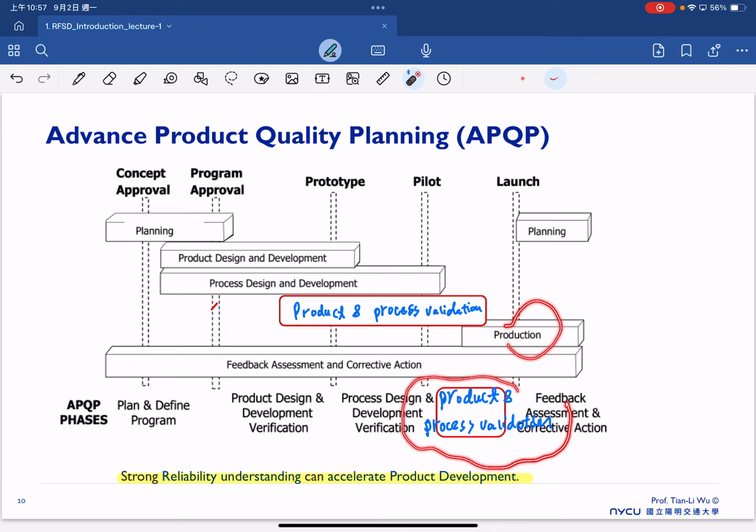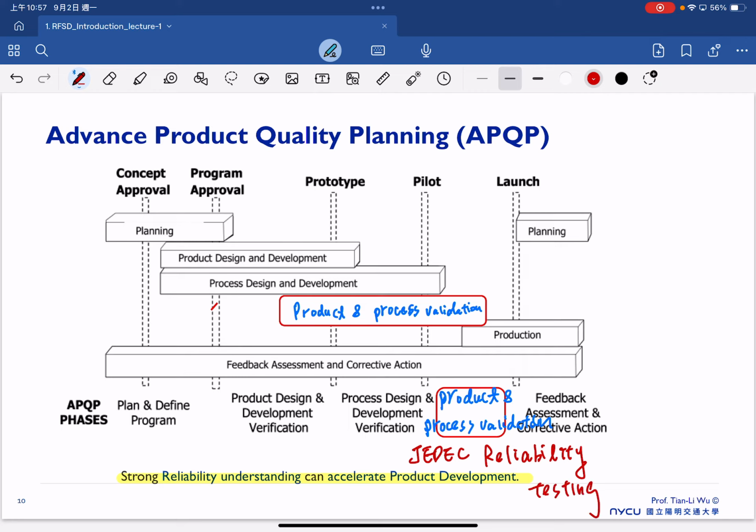Actually, there is one organization that tries to make the spec for every semiconductor device here. We generally call it JEDEC. This association makes the different reliability tests, so we call this JEDEC reliability testing.